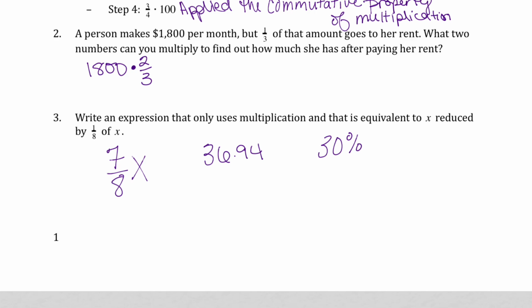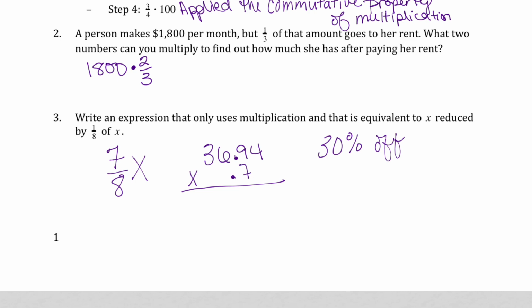I don't want to divide. I want to multiply by one number. What am I going to multiply by? 100 minus 30 is 70. So I want to multiply by 70%, because that's how much I will pay of the ticket price.